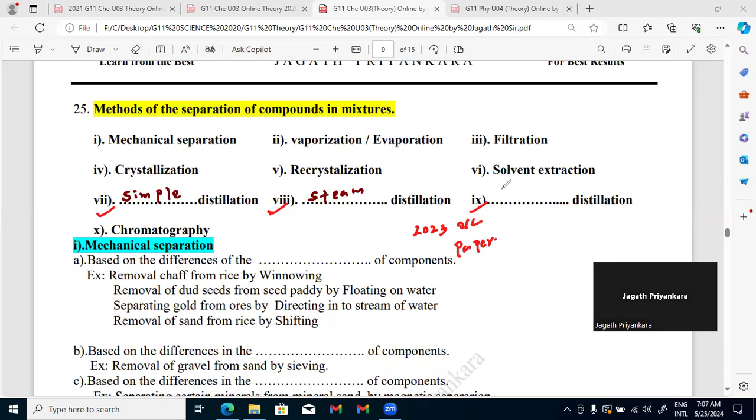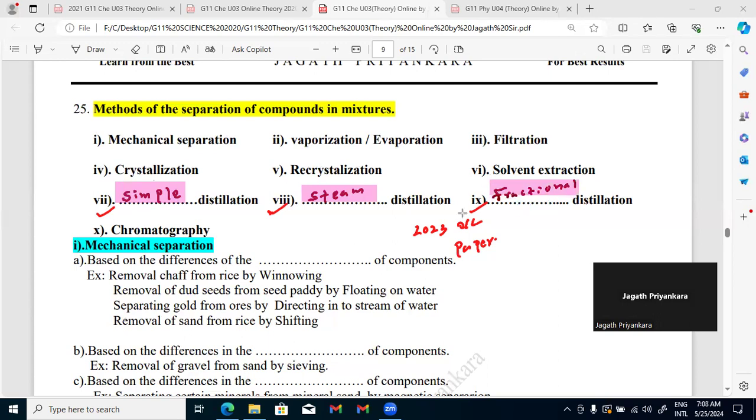And last one is fractional distillation. So these are the three types of distillation: simple distillation, steam distillation, and fractional distillation.